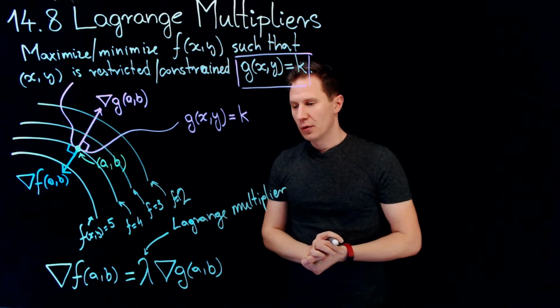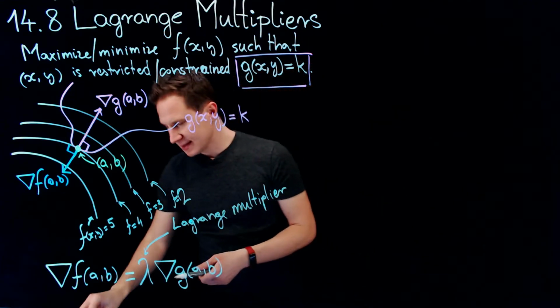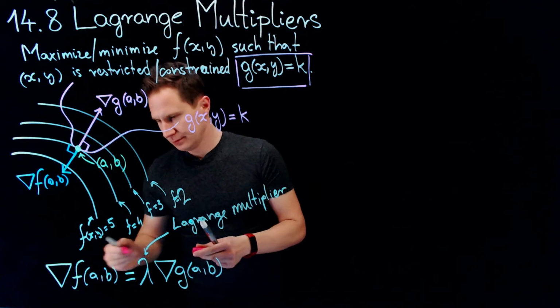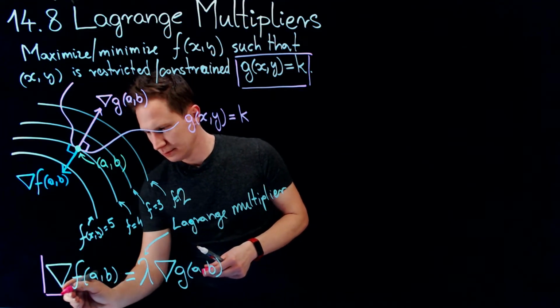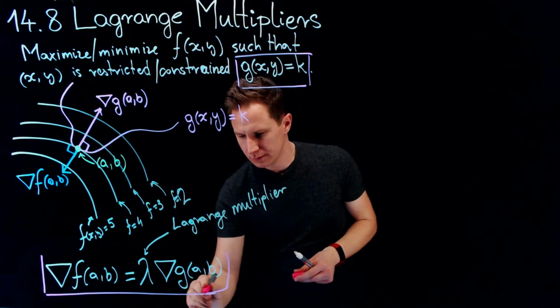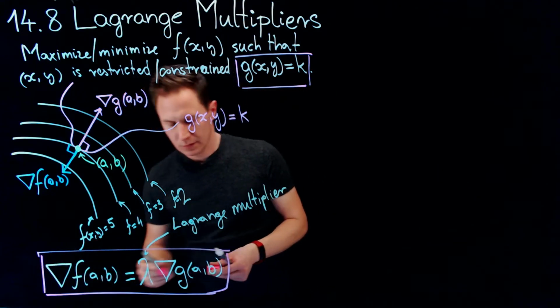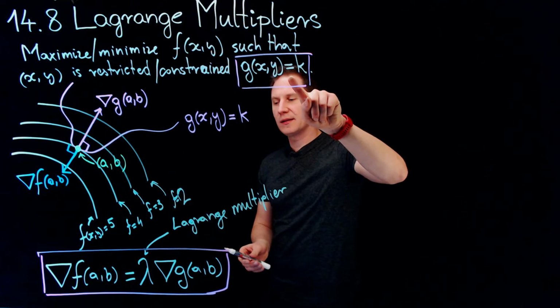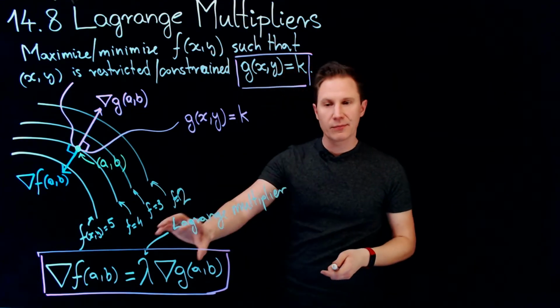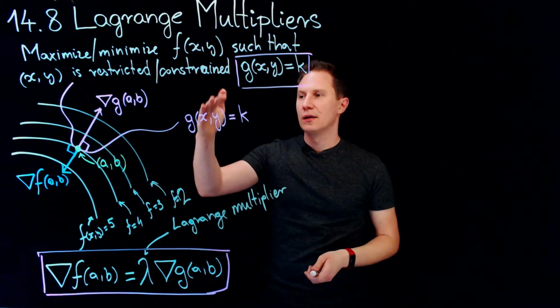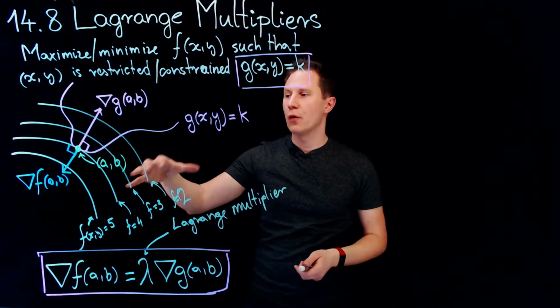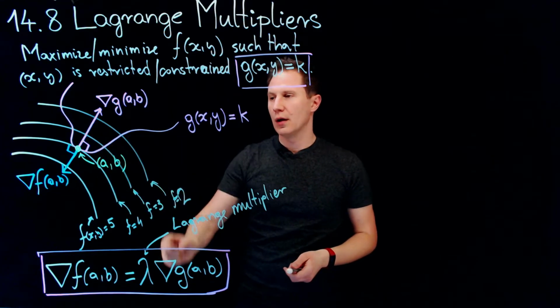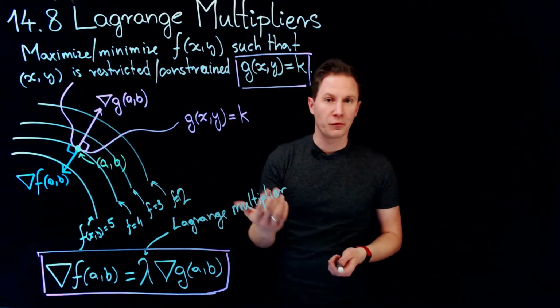Solving this equation of gradient vectors and respecting this constraint at the same time will give us the maximum or minimum of our function f along the level curve of g.